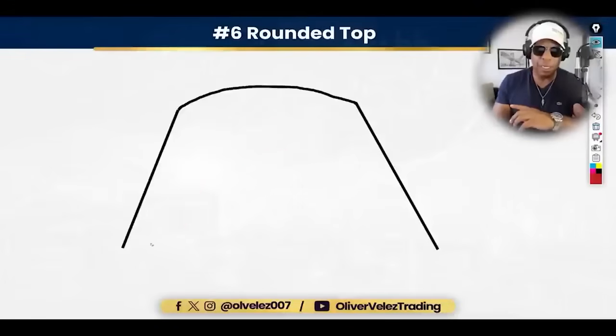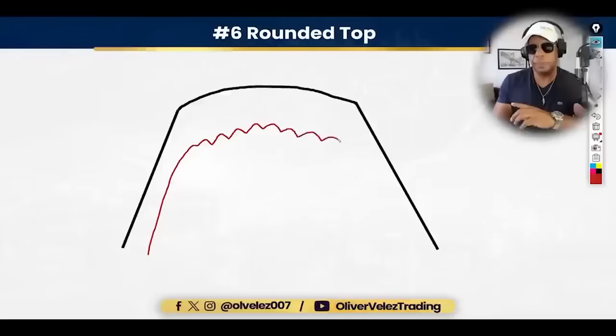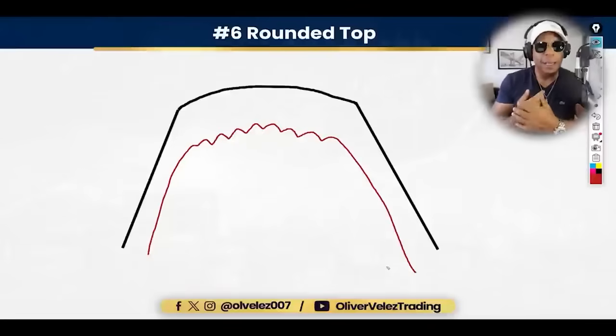It's rounded. Boom. Okay? And this rounded top, I would say that it's not the most frequently occurring, but it's more frequently occurring than the steeple top. So you still should know it. We need to know all 6 of the tops.